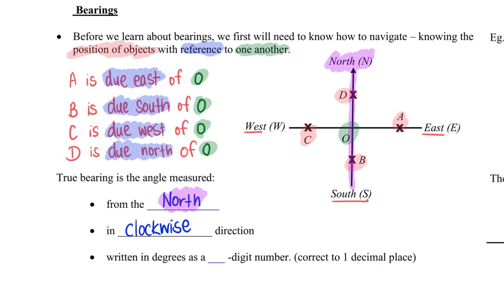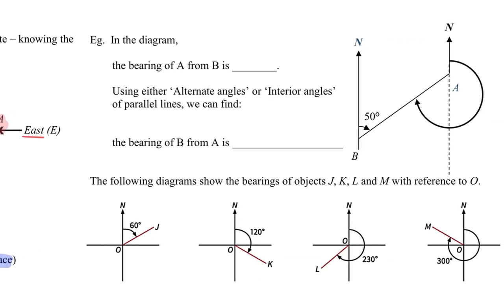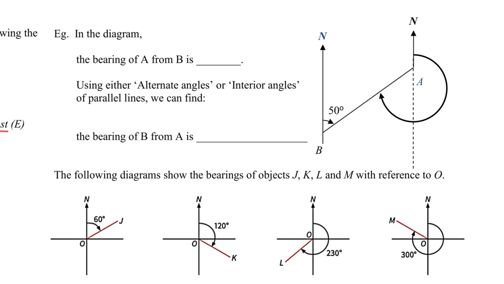Very importantly, bearing is written in a 3-digit number, and if it is not an exact value, we correct to 1 decimal place since it is angles measured in degrees. With that in mind, let's start with an example first.